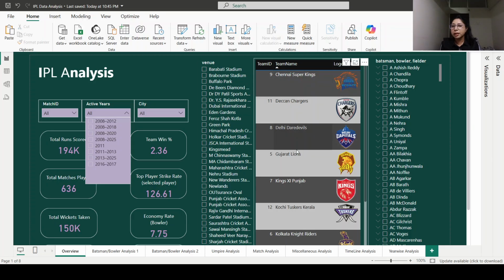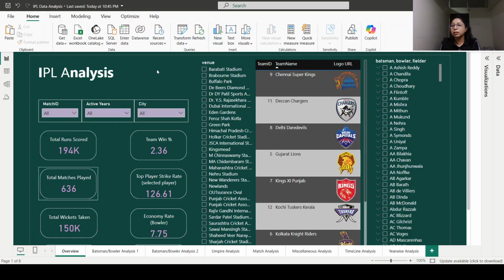Here is the team name, and I also got the logo incorporated in this visualization and dashboard, to make it more interesting and visually appealing.